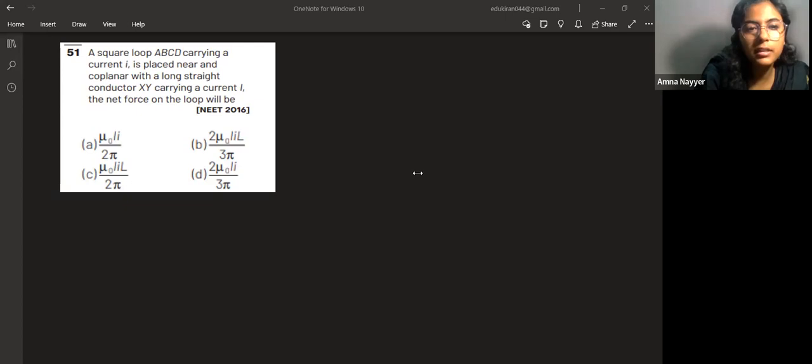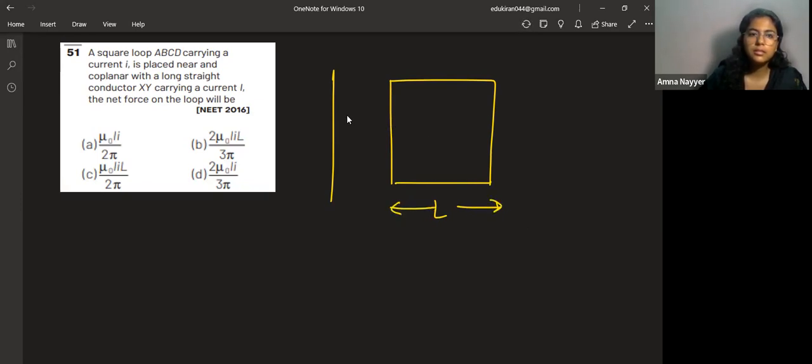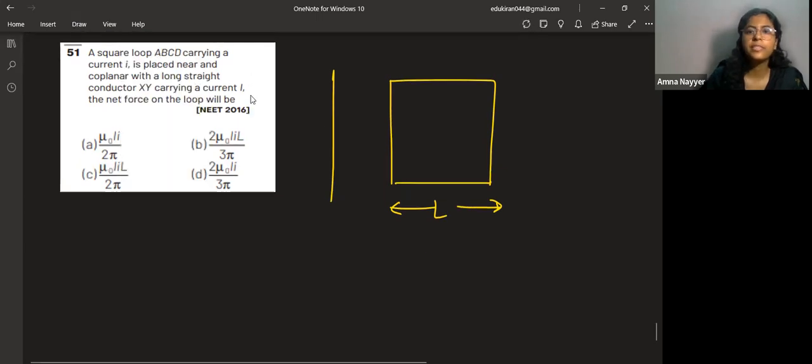Abhinav and Anna say they have given the correct answer. Marita, some error is there in your answer. I'll discuss it. This is the square loop of side L, and inside it current will be going.